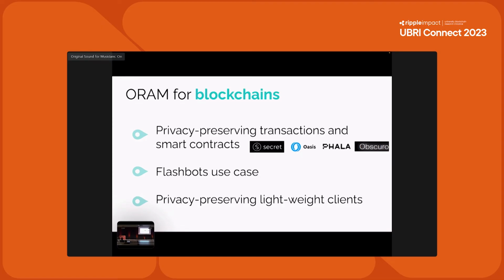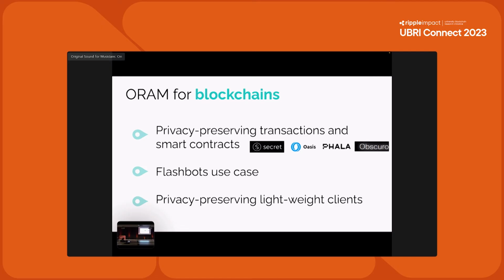For instance, my student Andrew Miller and his students did some security analysis of the Secret Network, and they show that Secret Network doesn't achieve the promised security for many reasons. One of these reasons is that they don't use ORAM. If you look at the execution traces, you can see who's the sender of the transaction, who's the recipient, which NFT you are trading, things like that.